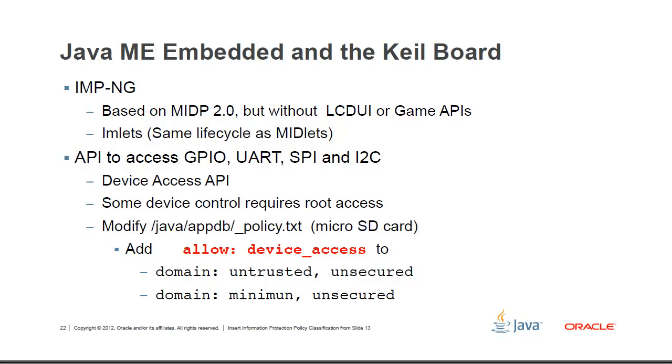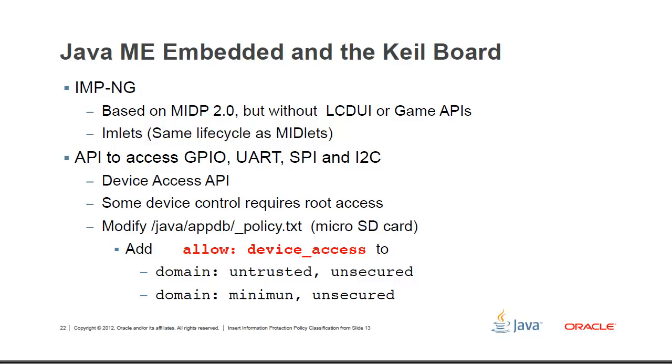So if you go to your micro SD card, the one we previously created, and go to /java/appdb, you will find that file. That file defines some domains, and among them there are a few unsecure domains. Make sure these two domains allow device access.